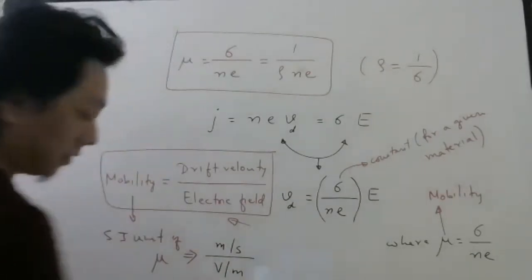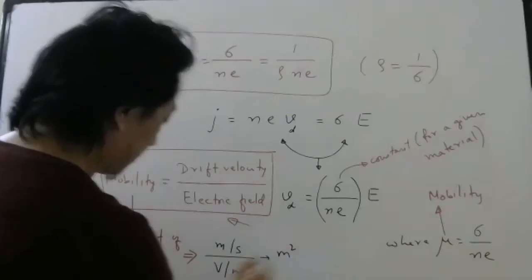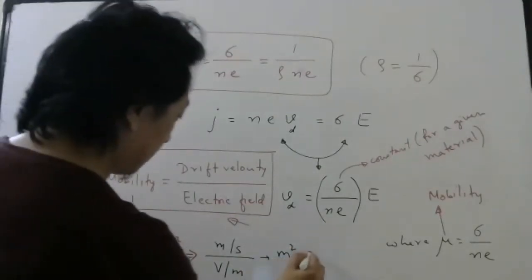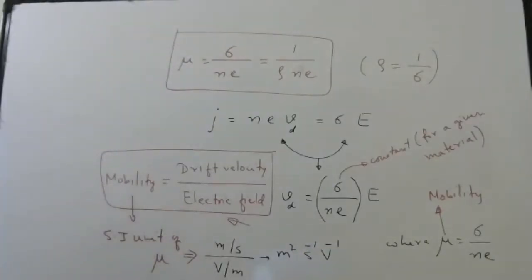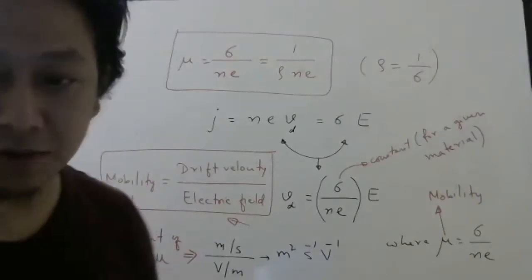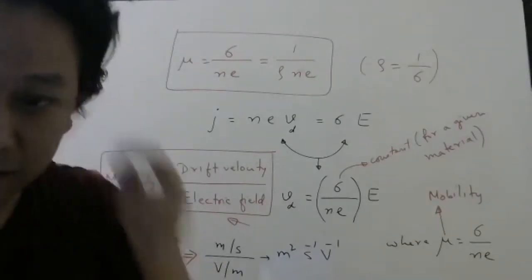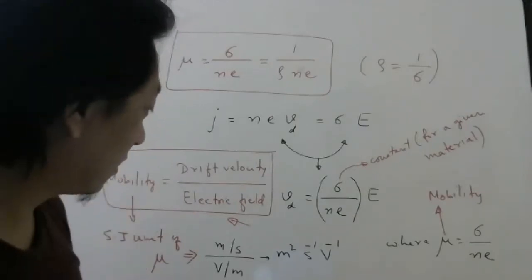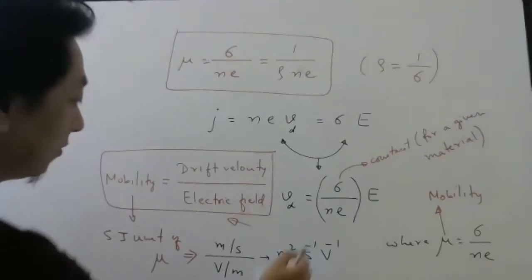So the unit can be written as meter square per second per volt. It is not a very easy unit to remember. Okay, meter square per second per volt. This capital V is volt.